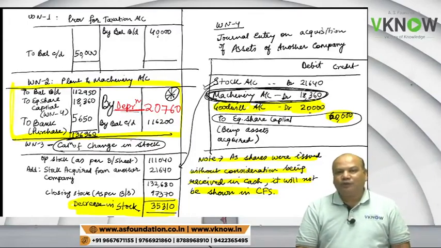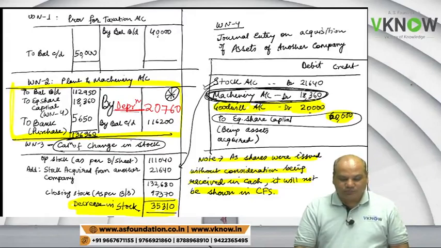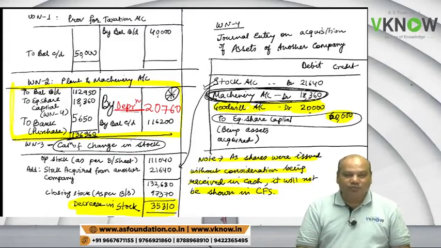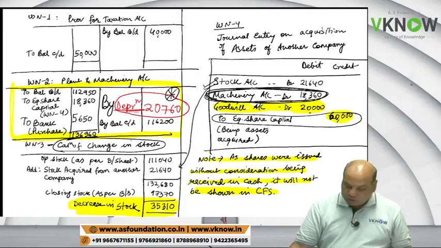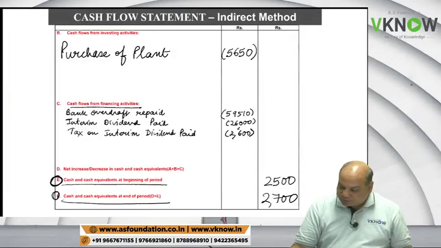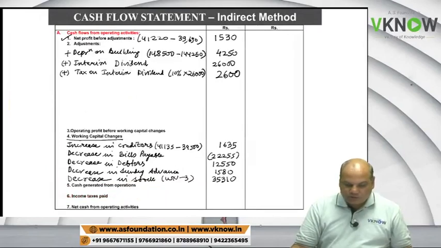It is a company form of organization. It is their duty to charge depreciation on depreciable asset. So this difference we will assume as depreciation, 20,760.